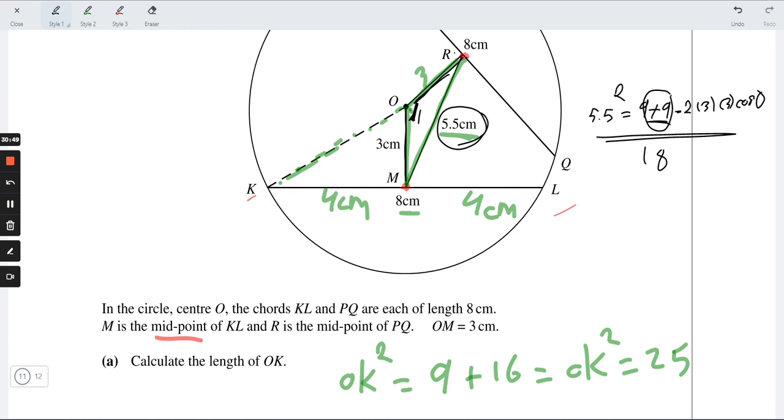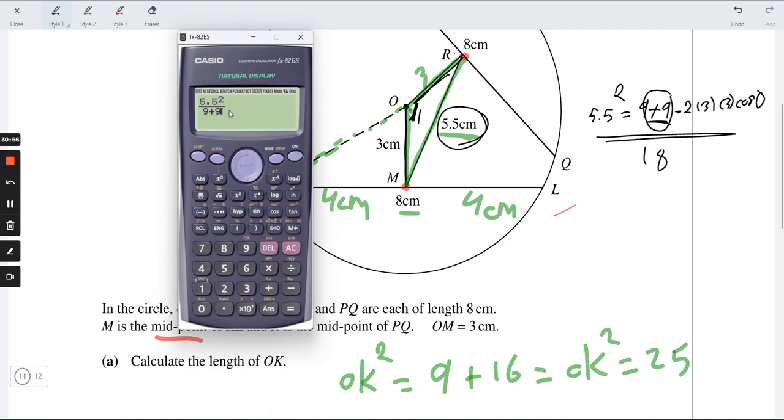So we subtract it from 18, so minus 18, dividing by, sorry, 18, dividing by minus 18 also.